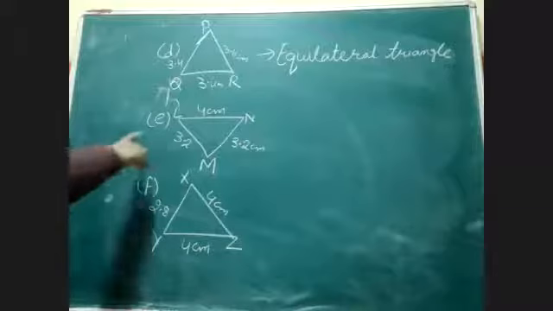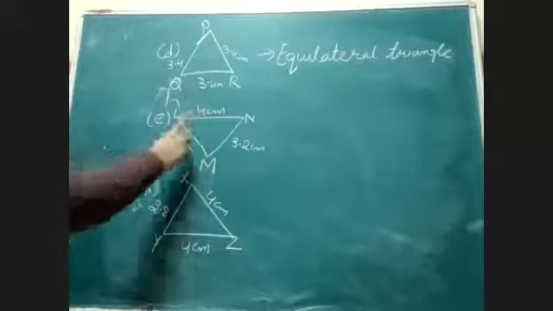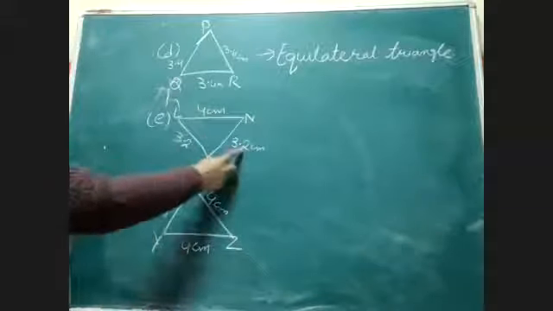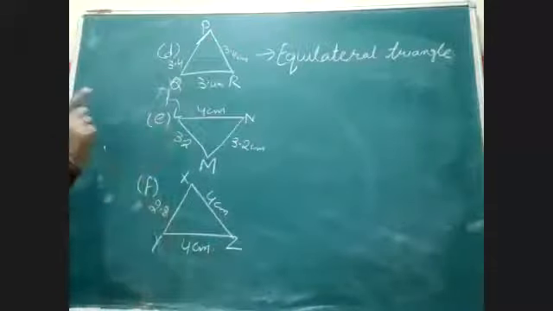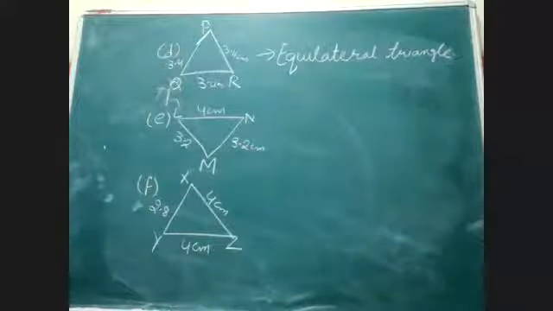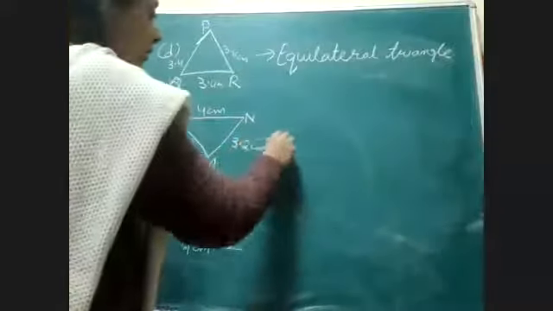Next, the sides are 4 centimeter, 3.2 centimeter, 3.2 centimeter. Now in this triangle two sides are equal in length, so this is an isosceles triangle. If two sides are equal, the triangle is an isosceles triangle.